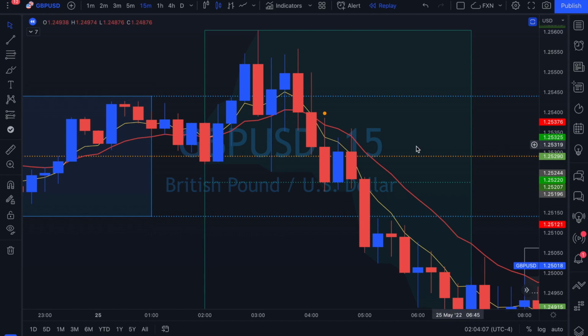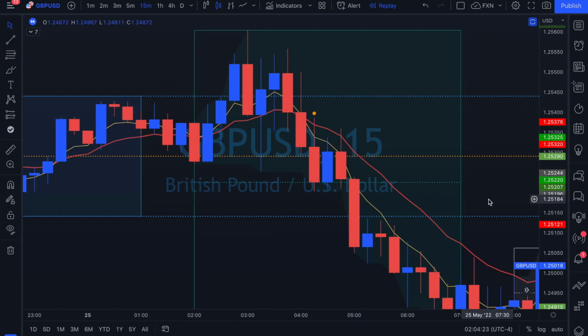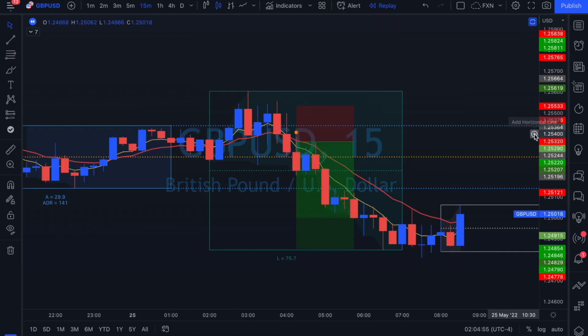Okay, so this is just one simple example of using the 5 and 13 crossover or just the close of the 13 for an entry on a pattern, in this case being a type 2 pattern. Now, with using the 5 EMA by itself, let's say that you were going short on this, and let's say you're an aggressive trader, and let's say that this right here was your trade plan for this trade.